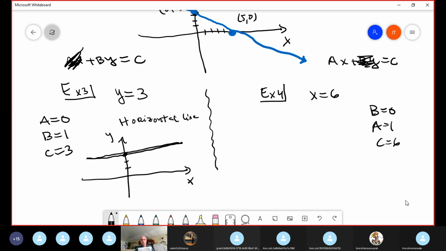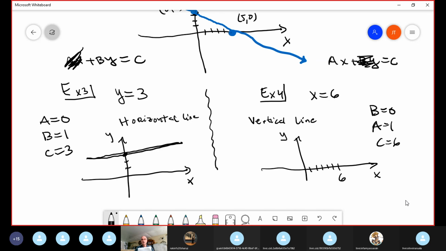Okay, y equals any number represents a horizontal line. X equals any number is a vertical line. A vertical line is something like that. X, y, 6. 1, 2, 3, 4, 5, and 6.